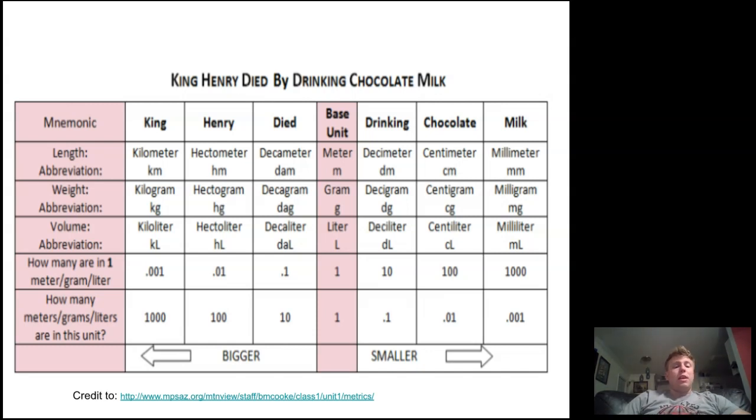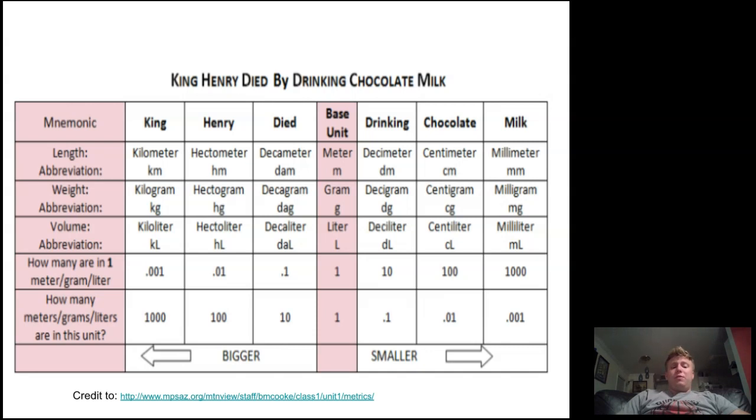King stands for kilo. Henry stands for hecto. Died stands for deca. By stands for the base unit, which would be meter, gram, or liter. Drinking stands for deci. Chocolate stands for centi. And milk stands for milli.